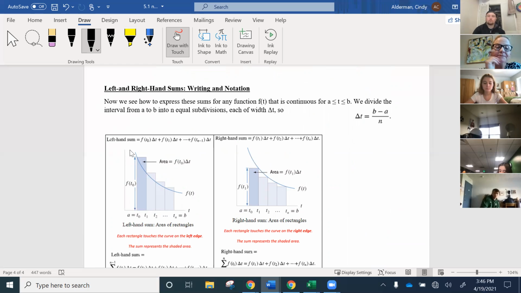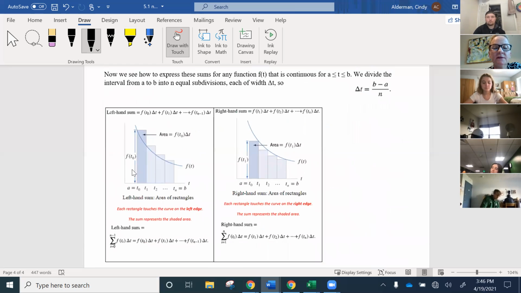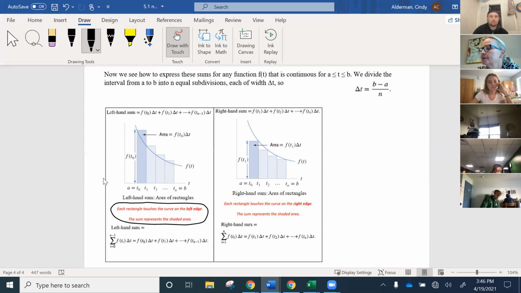Okay, so the graph on the left is what we call a left-hand sum. The reason it's called a left-hand sum is because each rectangle touches the curve on the left side. Looking at that picture, it's still a left-hand sum, but is it an overestimate or an underestimate, a lower estimate or upper estimate, you think? Just by looking at the graph.